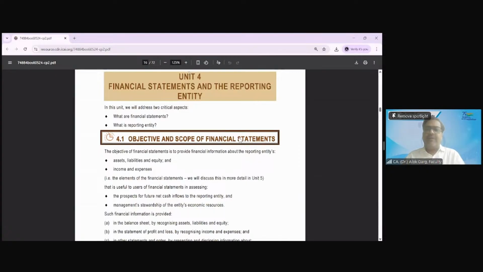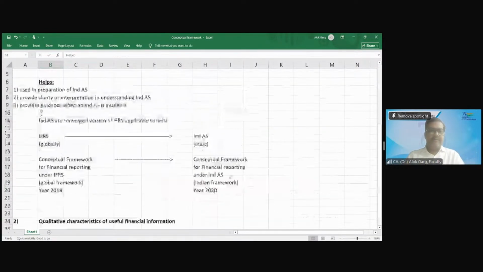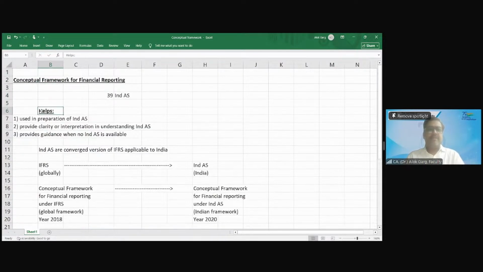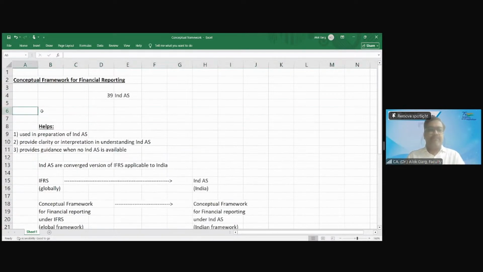Yes. So friends, what we have covered so far: we have covered the purpose of the conceptual framework.